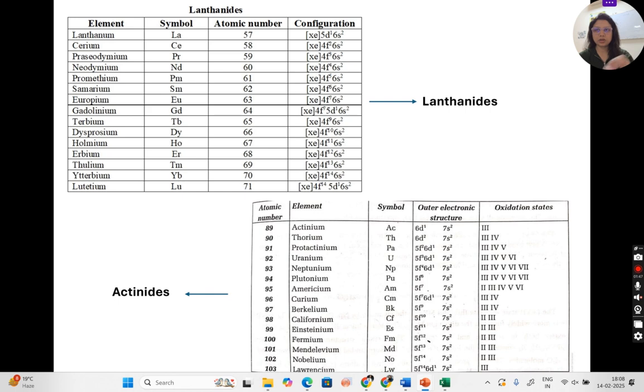So this is the list of lanthanides, starting with atomic number 57 to 71. This is the sixth period, mostly metals. And actinides, they are also sixth period elements.